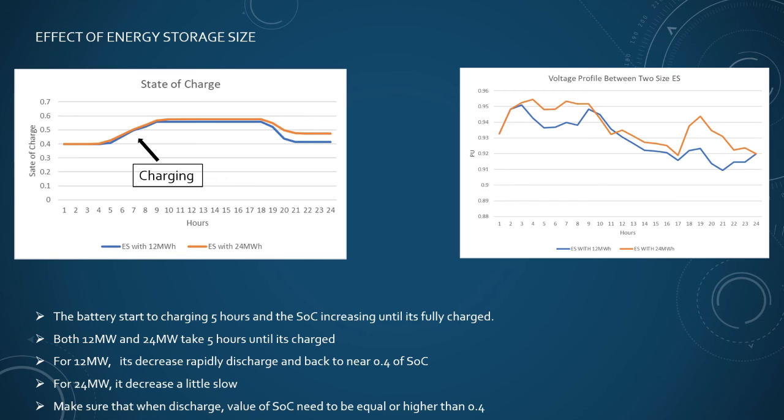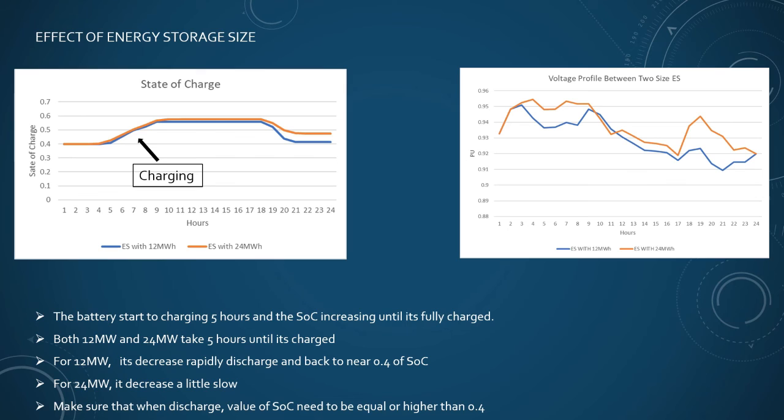So we must follow the coding. The right picture shows the voltage profile between the two sizes, where the voltage profile for the energy storage with 24 megawatt hour is higher than the energy storage with 12 megawatt hour.